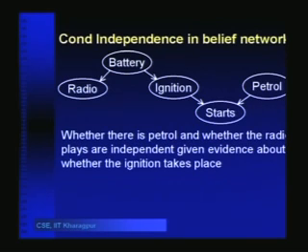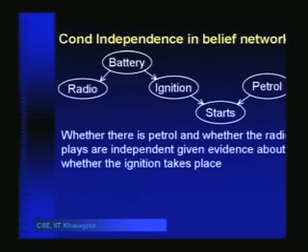Now, whether there is petrol and whether the radio plays are independent given evidence about whether the ignition takes place. Suppose we are given that the ignition takes place. Then whether there is petrol and whether the radio plays become independent. Now, is it clear why?